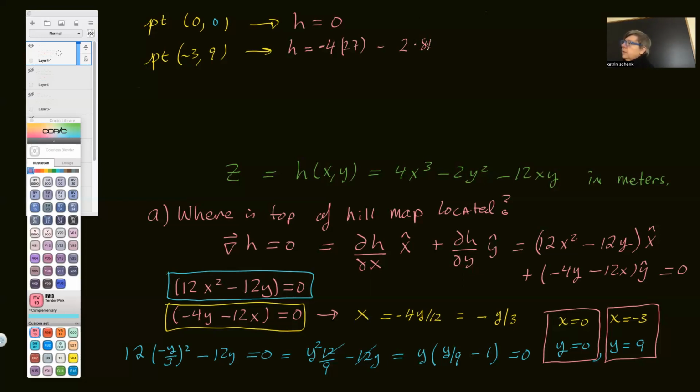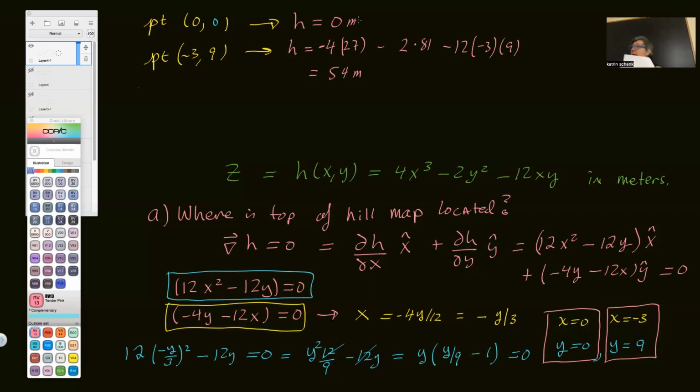Oh, this is yucky. Minus 12 times -3 times 9. Whatever, I think I wrote that down somewhere. 54 meters. This is 0 meters. So that's the maximum, obviously. So the point -3, 9 is the max.